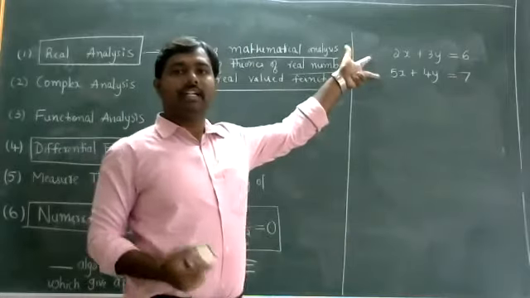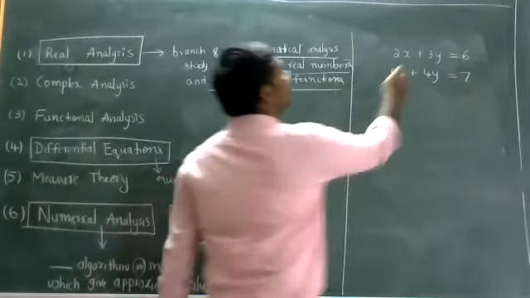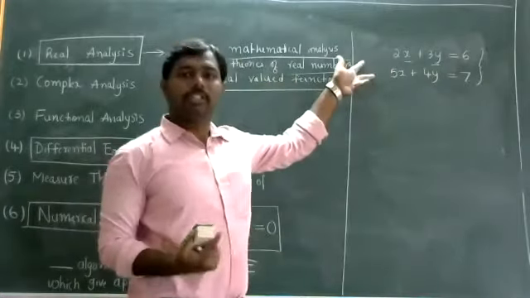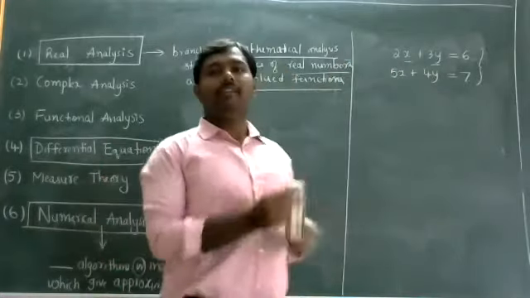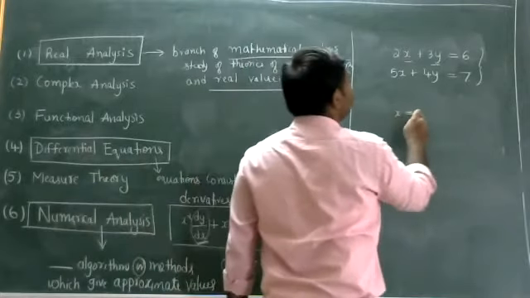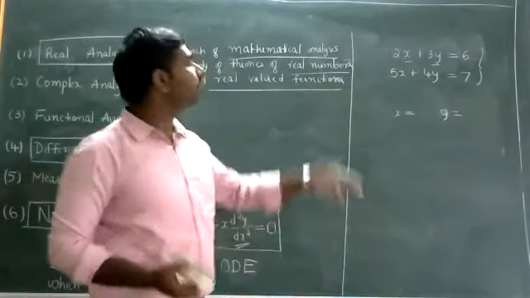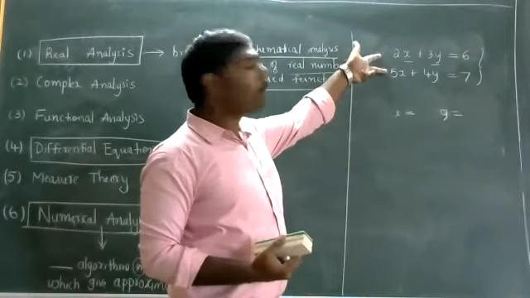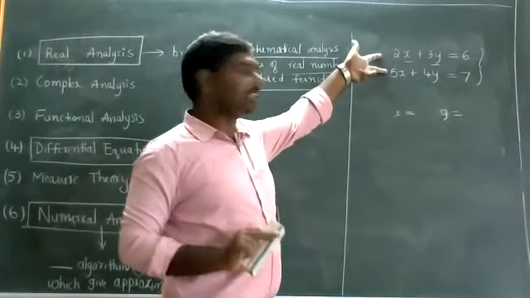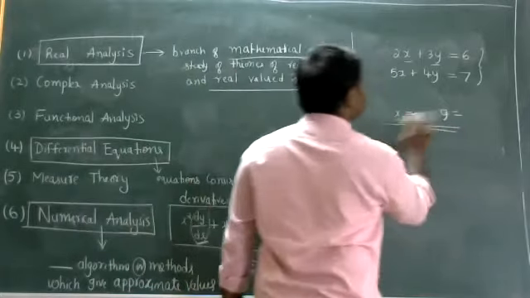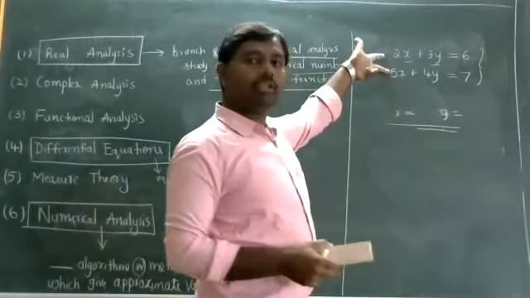It is a system of linear equations in two variables. Solving the system means finding x and y values which will satisfy both the equations simultaneously.